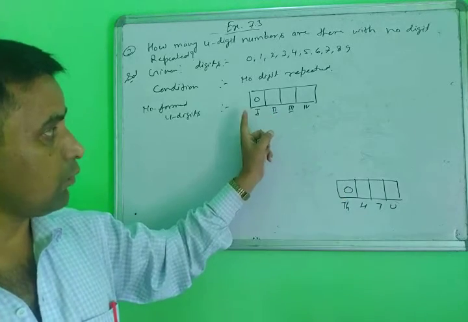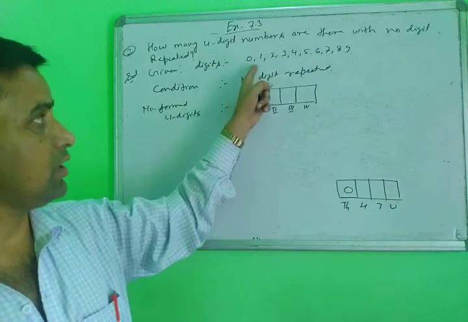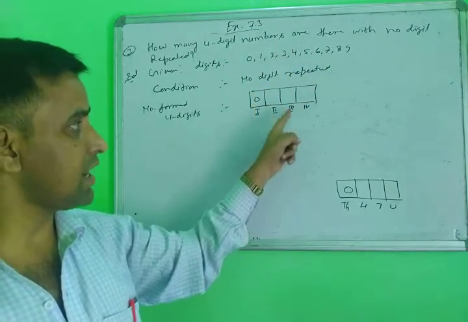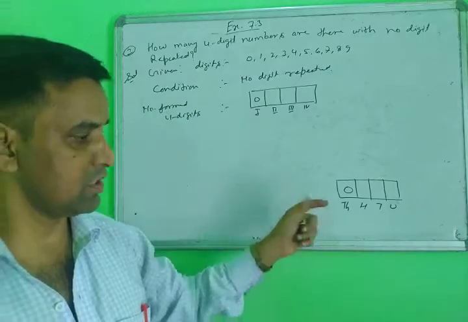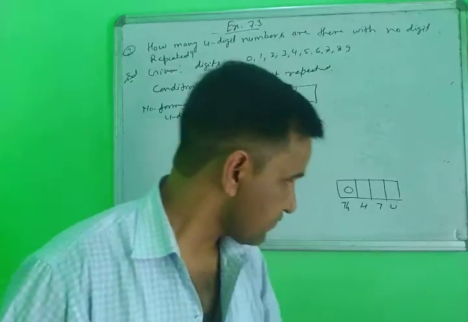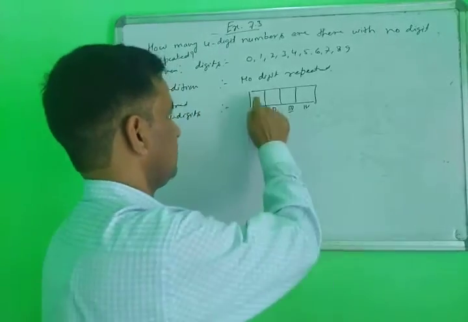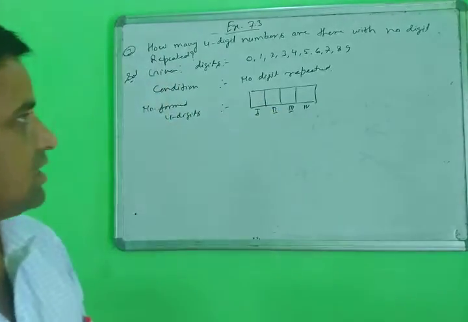It means when the digits include zero, we will write in this structure, starting from the first place. So in how many ways can you fill the first place? Zero cannot be written here, because then the number would be converted into a 3-digit number. So you have a choice of only 9 numbers, because you will not write zero here.